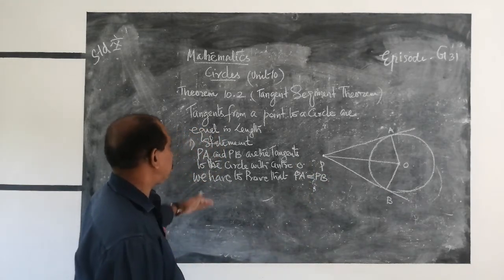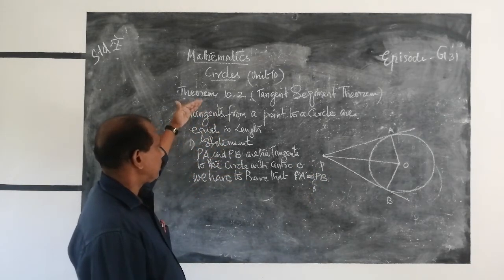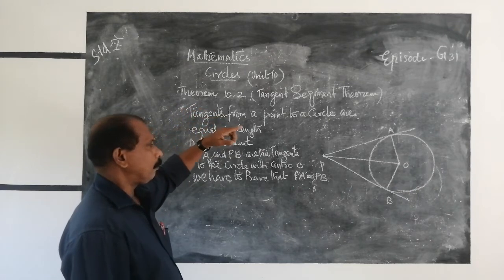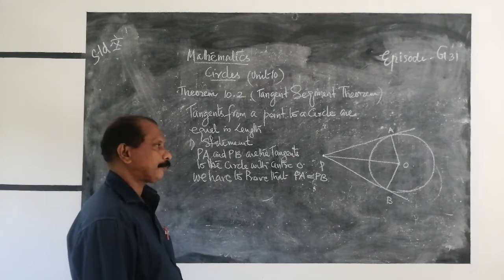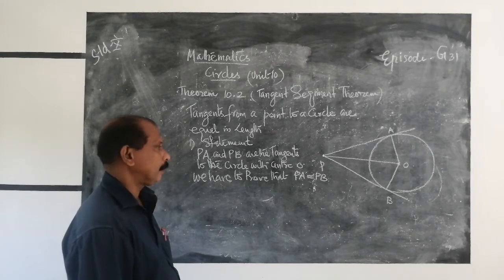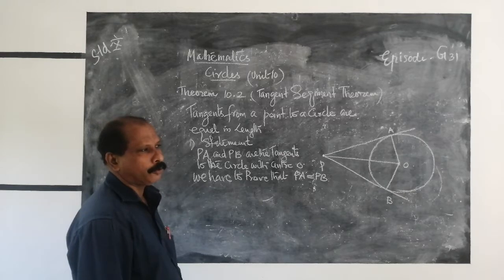That is the statement. Then OA and OB are the radii, and OP is the distance of the point from the center.